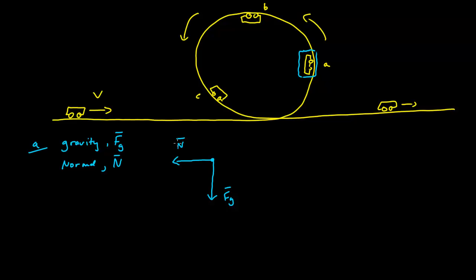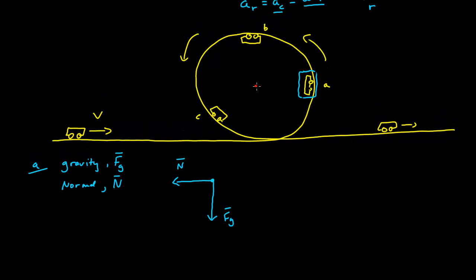What about my coordinate system? I want to work in this circular coordinate system. At this point, there's the radius vector from the center to the point where my car is. So the radial axis, the unit vector that points radially outward from the circle, is in that direction, horizontal to the ground, since it's exactly at 3 o'clock on my hoop.